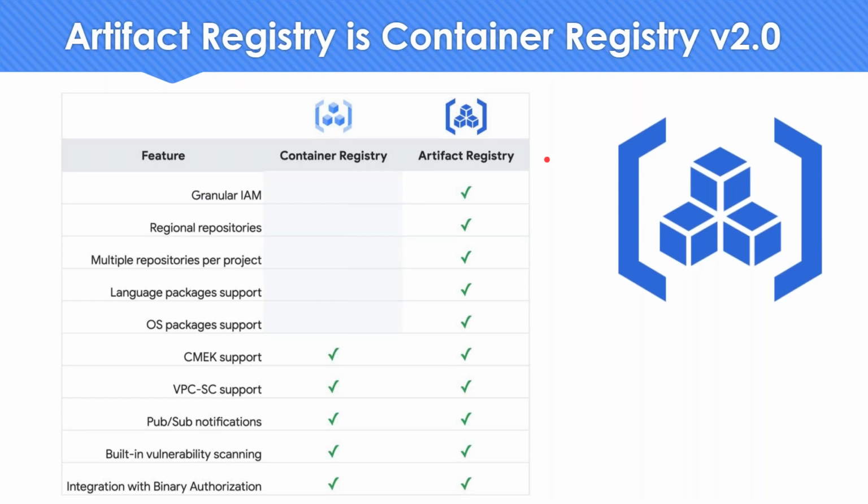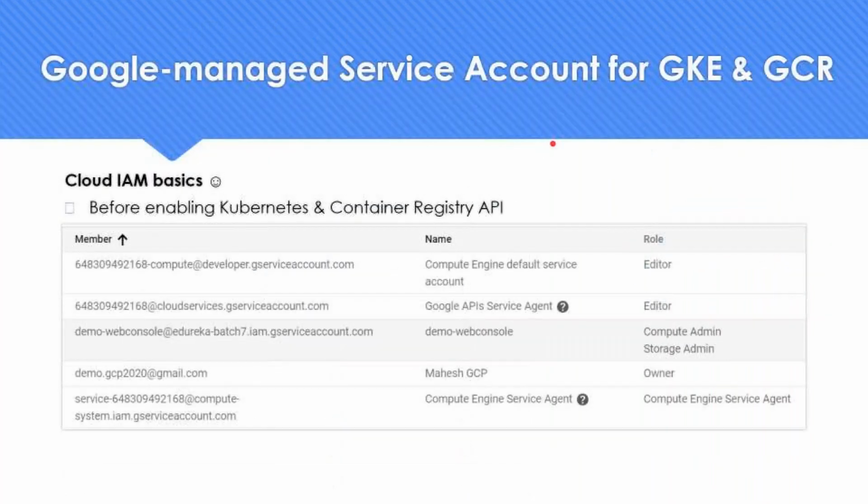Because these are all new services, by default in GCP, not every service is going to be enabled. So you have to check whether the service is enabled or not. If it's not enabled, you have to enable it. Before enabling anything, this is a practice which you should follow, folks.